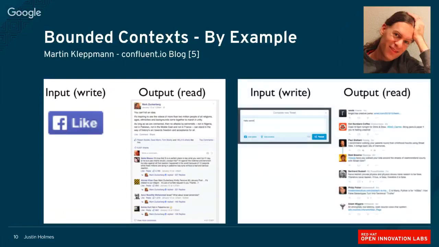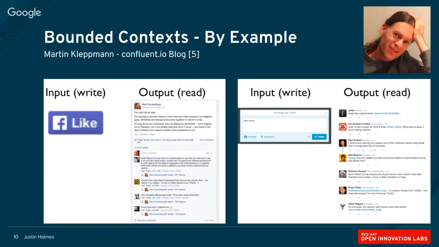The same concept applies to Twitter and other internet sites that you've used before. So when I create a tweet, I'm still using the word tweet when I write a tweet, as well as when I look at my Twitter feed. But what a tweet means is very different in the context of creating a new tweet versus viewing my timeline.